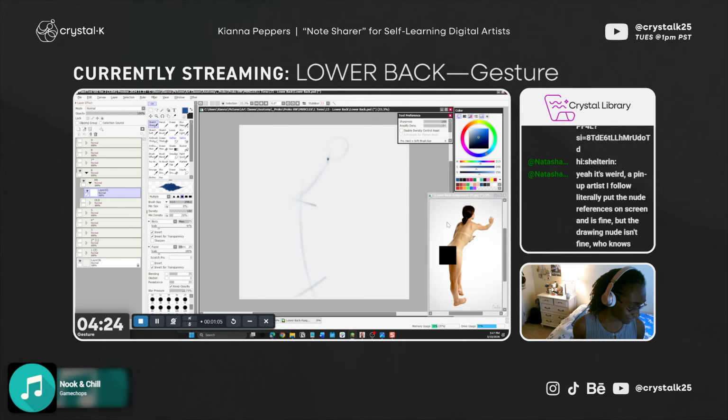C7 being the most prominent part of the cervical spine, it's a very handy landmark. Okay. I'm basically finding her hip points in the back, which is going to tell me where her pelvis is.